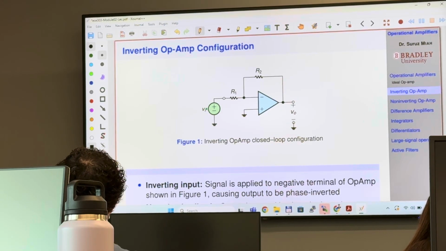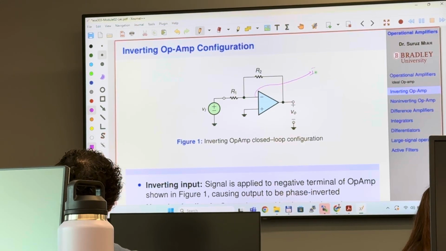When you provide input to the inverting terminal, this is your inverting terminal. This is the inverting terminal because this is negative. By the way, I updated my slides and posted the latest version before coming to this class.